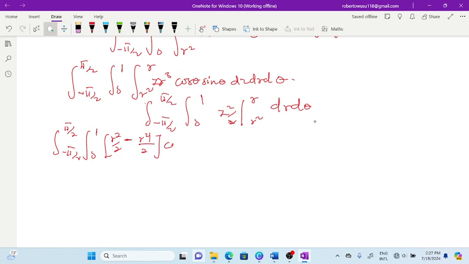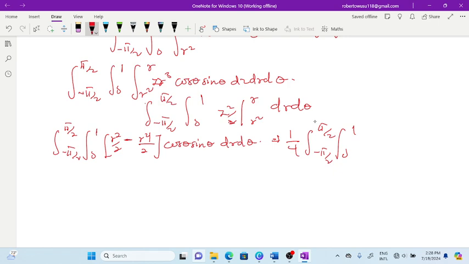When I have 1 over 4 out, the integral from negative pi over 2, integral 0 to 1, then I'll just have r squared minus r to the power 4, all over 2, but the 2 has come out. So I simply get this expression here. Then I'll have sin 2 theta. Remember sin 2 theta. That is why I took the half and multiplied by the other half to give me 1 over 4. Now I'm going to have the dr d theta, right?